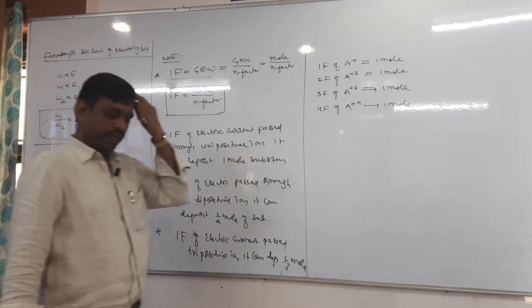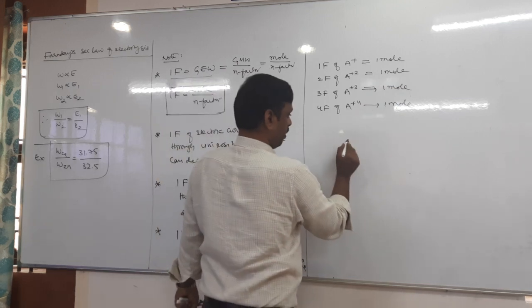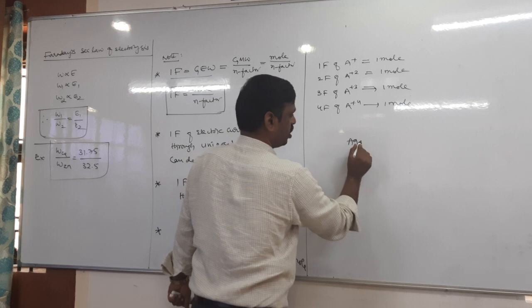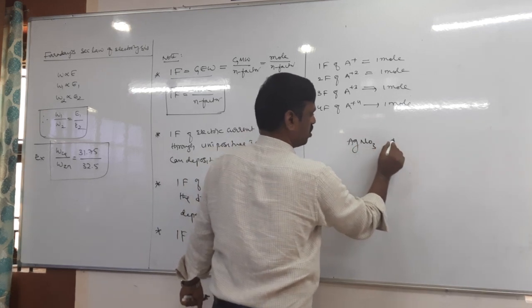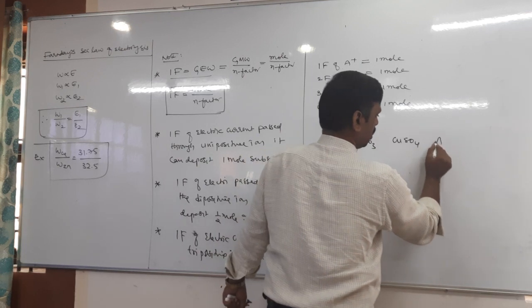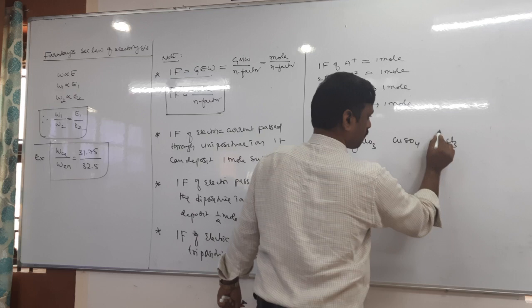See, here 3 solutions are given. One is AgNO3 solution, the second one is copper sulfate solution, and AlCl3, which is molten, right?